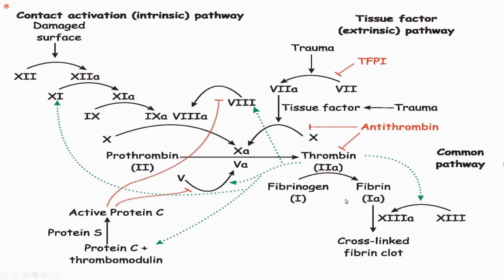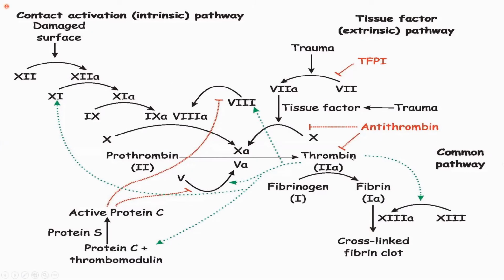Now, this fibrin is a bit friable, and further cross-linking is required to form a strong clot, and this is done by factor 13. So this factor 13 is involved in the cross-linking of the fibrin clot. So this whole is the coagulation pathway.